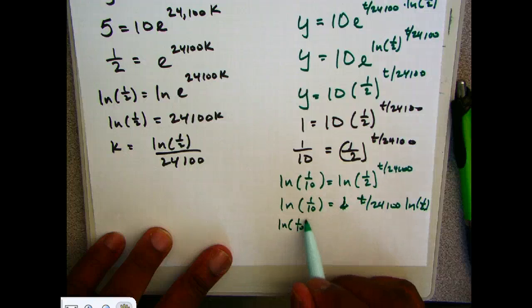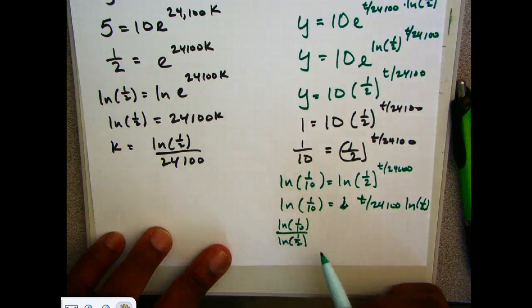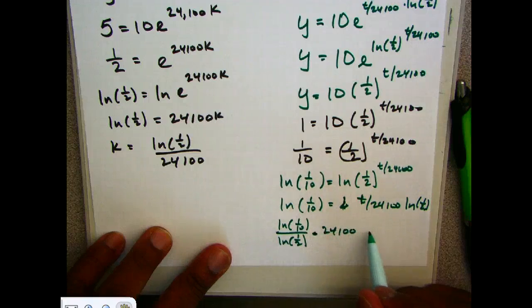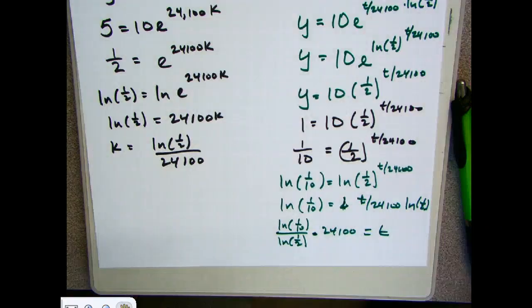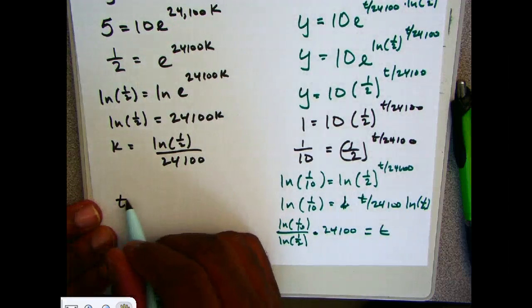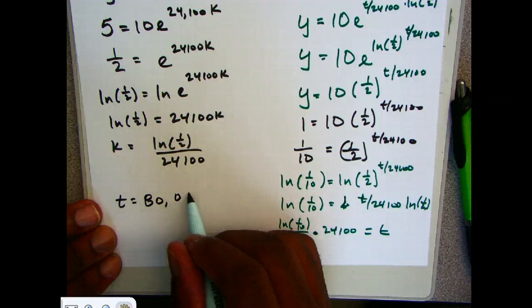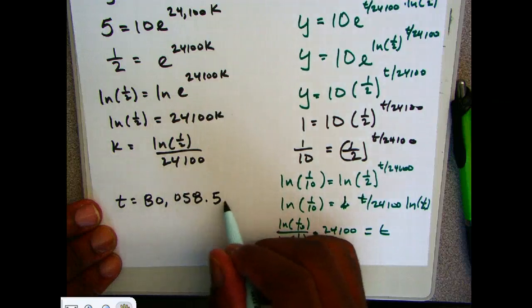So ln 1 over 10 divided by ln 1 over 2 times 24,100 is equal to t. So go ahead and plug those values into your calculator, and you're going to end up with t is equal to 80,058.5 years.